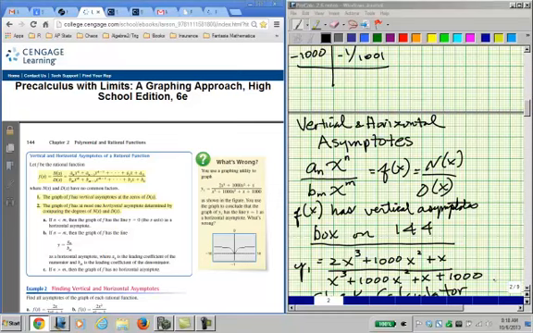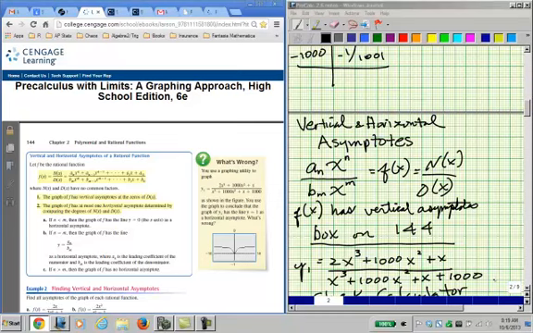So, number one, the graph of f has vertical asymptotes at the zeros of d of x. Okay, we know that. Number two, the graph of f has at least one horizontal asymptote determined by comparing the degrees of the numerator and denominator.